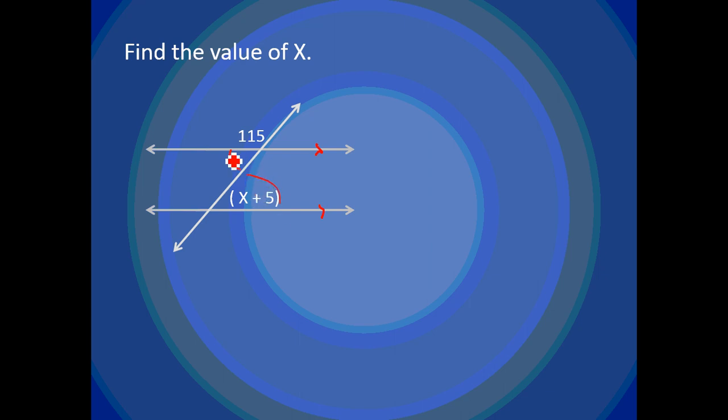So if these two are congruent, then I know that these two are supplementary. Since I know that those alternate interior angles are congruent to each other, that logical thought process leads me to the fact that these two angles right here have to add up to 180 degrees.